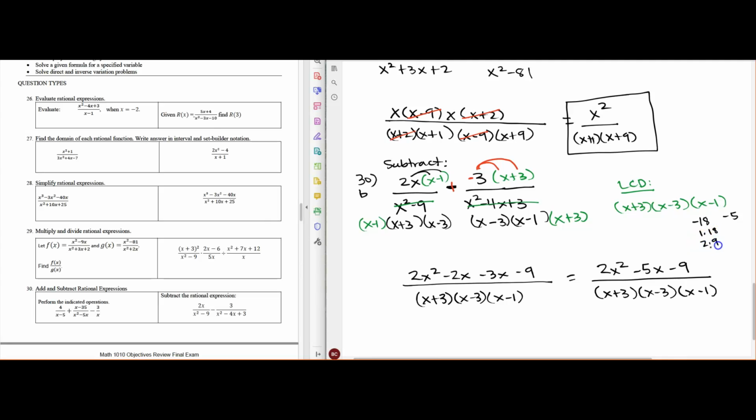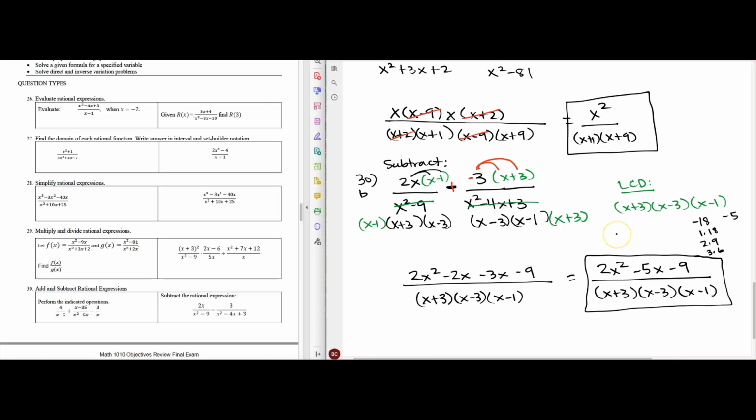There's 2 and 9. There's 3 and 6. 3 and negative 6? Well, no, wait a minute, that's not going to give us a negative 5. Oh yeah, never mind. So those are our only possibilities, and it doesn't look like it will factor, which is fine. Then we just leave this whole thing right here as our answer. You want to look and see if it will factor. Sometimes it will.